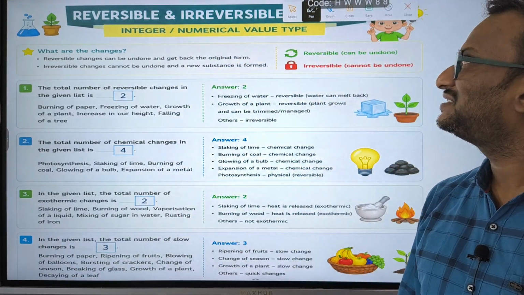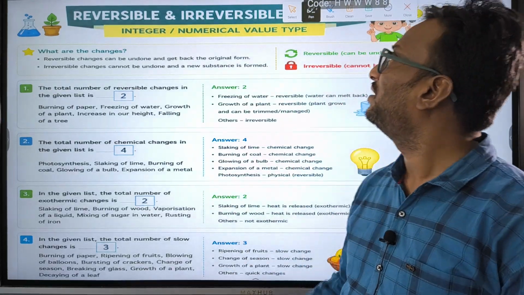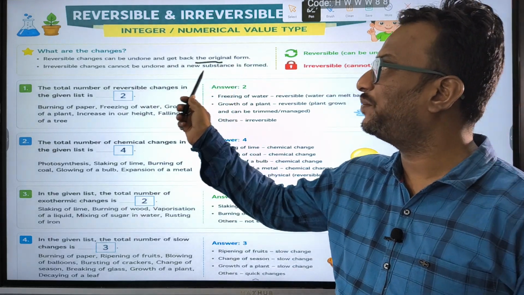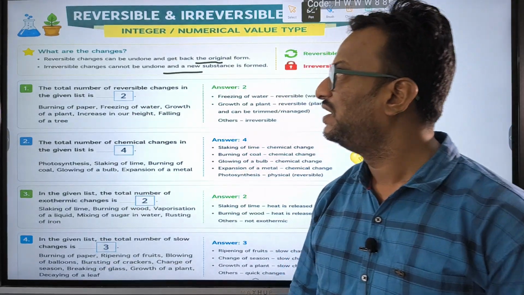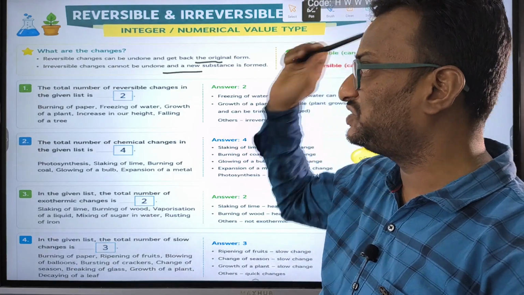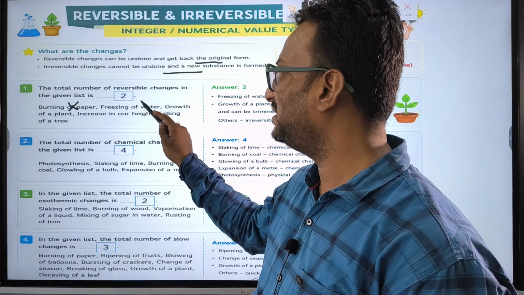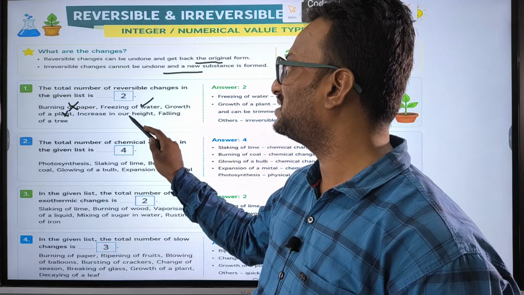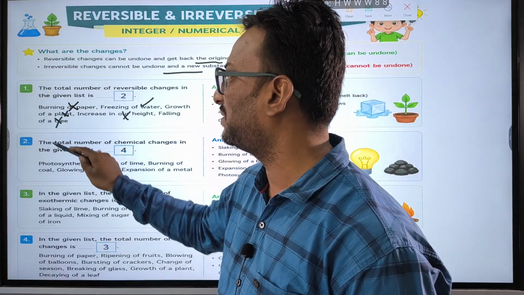What are the changes? Here one is reversible and one more is irreversible. Reversible is one where we can get back the original form. Where we cannot get back the original form and a new substance is formed, it is called irreversible. The total number of reversible changes in the given list. Burning of paper is not reversible, freezing of water is reversible, growth of plant is not reversible, increase of our height is not reversible, falling of tree is not reversible.